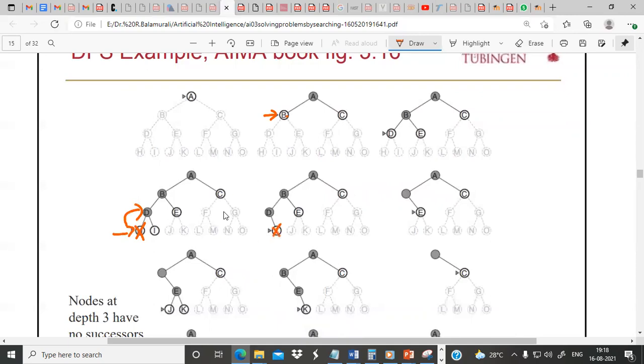So again, this will be removed and we go back. Now this is also a leaf node because you have removed this. Is this the goal state? No, this is not the goal state. So remove this and go back. Now this node, does it have any other child? Yes, E. So go and check whether E is the goal state or not. E is not the goal state. Now expand E.